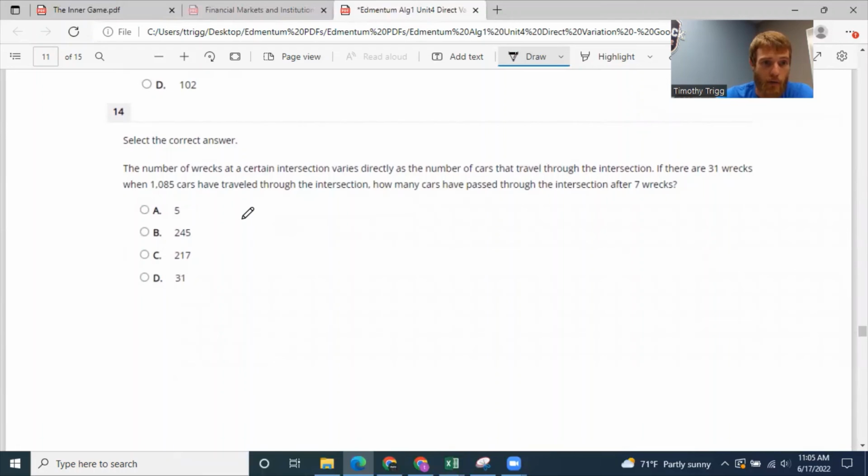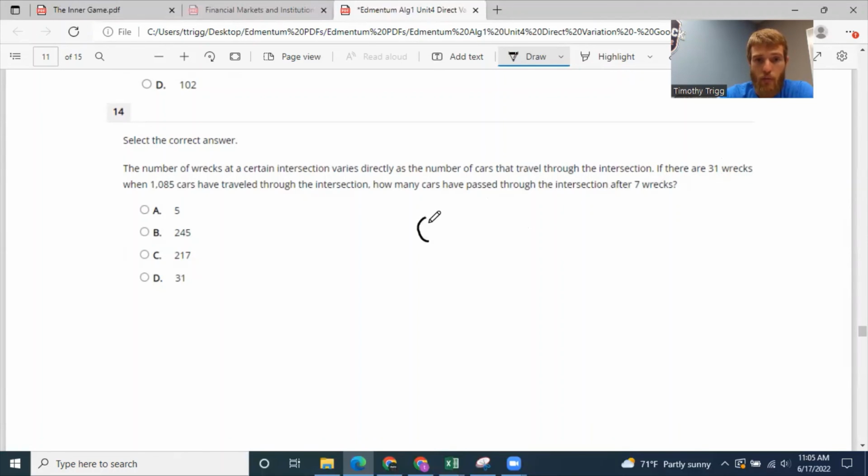The number of wrecks at a certain intersection varies directly as the number of cars that travel through the intersection. If there are 31 wrecks when 1,085 cars have traveled through the intersection, how many cars have passed the intersection with 7 wrecks?